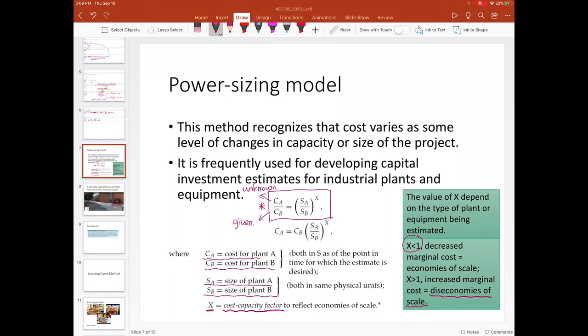If x is smaller than 1, which means the marginal cost will decrease. Okay, and you have the economies of scale.